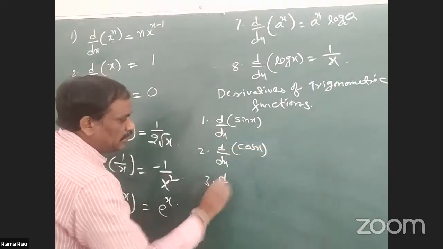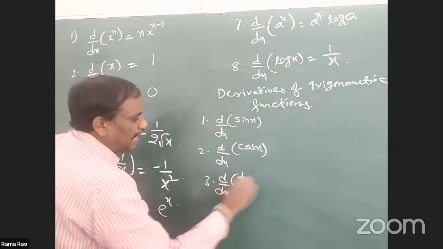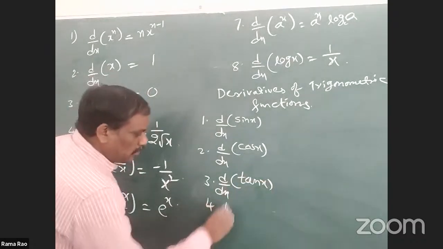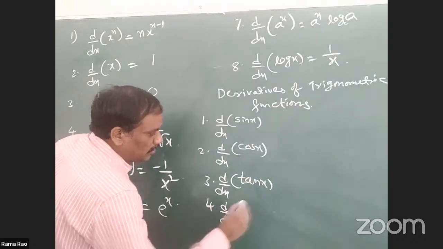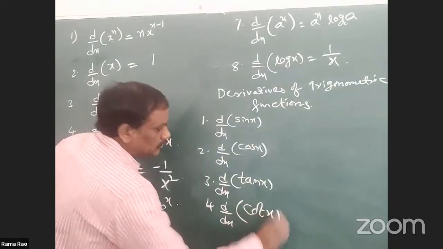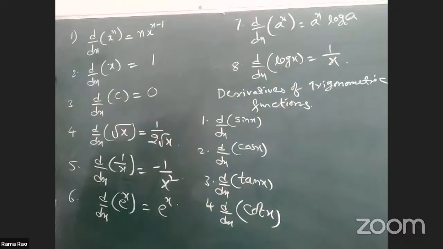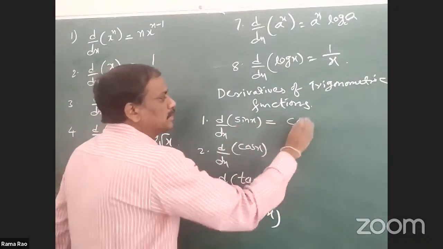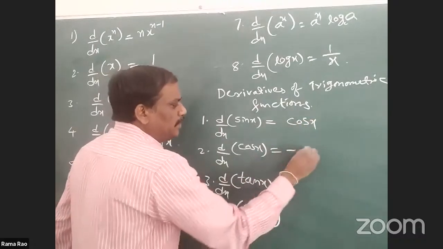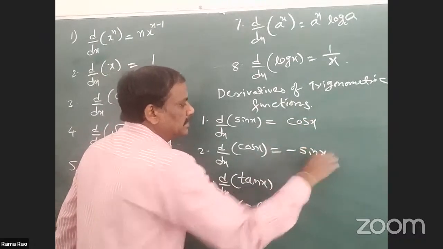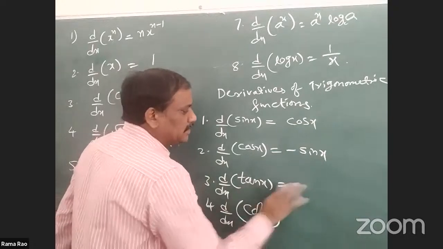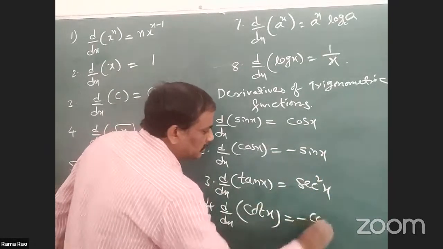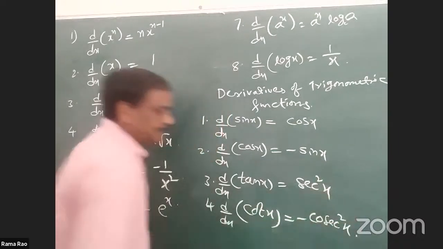Number 3, d by dx of tan x. Number 4, d by dx of cot x. What is the derivative of sin x? Cos x. Cos x derivative is minus sin x. Derivative of tan x is secant square x. Derivative of cot x is minus cosecant square x.